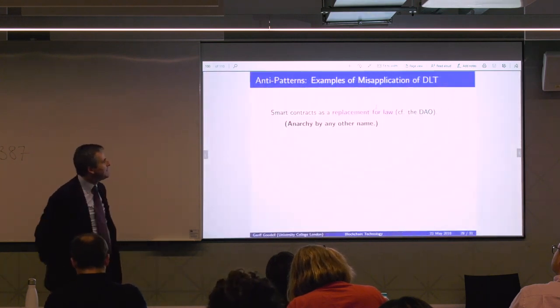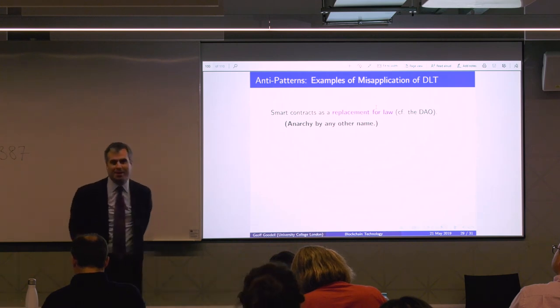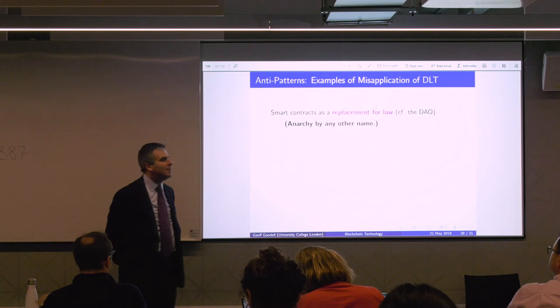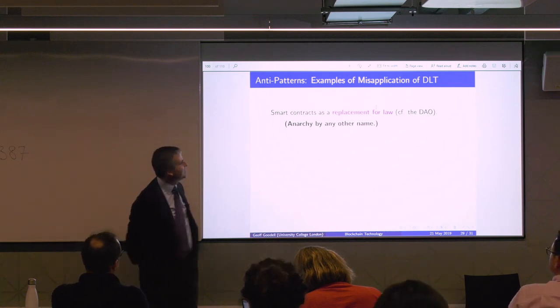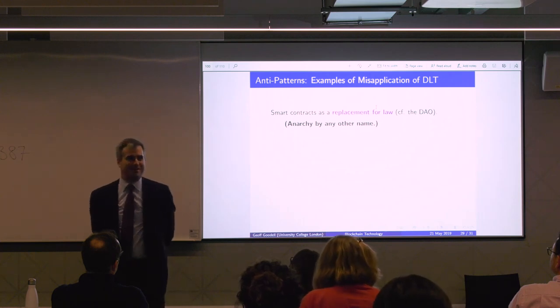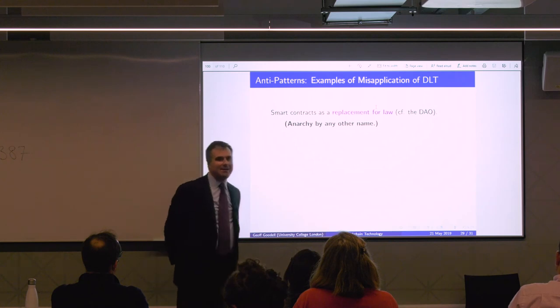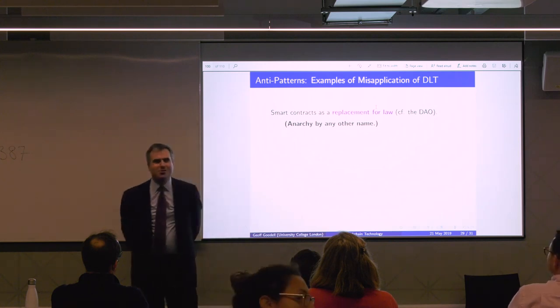And this slide is where I like to talk about some examples of how people have applied DLT in cases that don't really benefit from DLT. Smart contracts as a replacement for law. So many of you may have heard of the Decentralized Autonomous Organization, or DAO, with the idea that code is law and law is code.